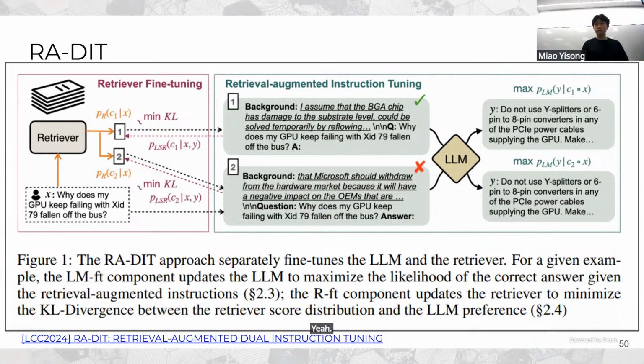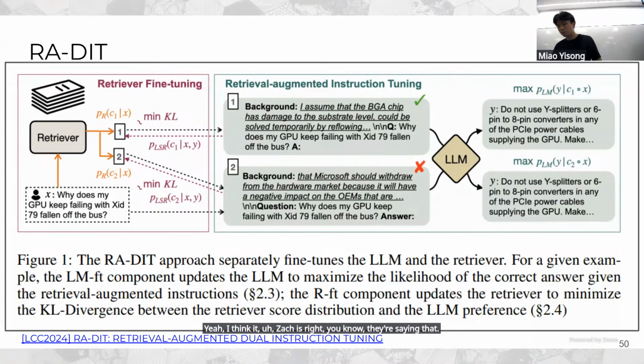Yeah, I think Zach is right. They're saying they're fine-tuning using the next token prediction objective, so it's probably the raw text, not using the embedding. I mean, it would be very interesting to see whether an embedding-based approach would also give you good results.